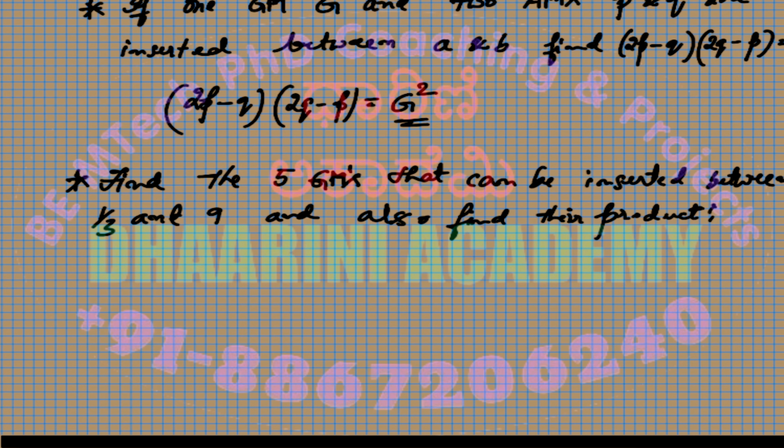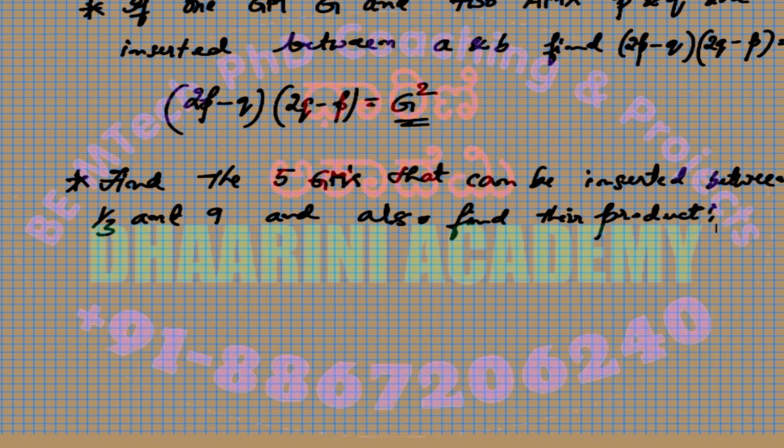So the question says that you have to find out the 5 geometric means that can be inserted between 1 by 3 and 9 and use the property to find their product, right, in a single step.